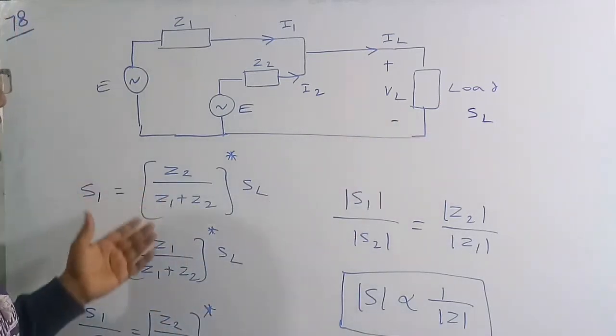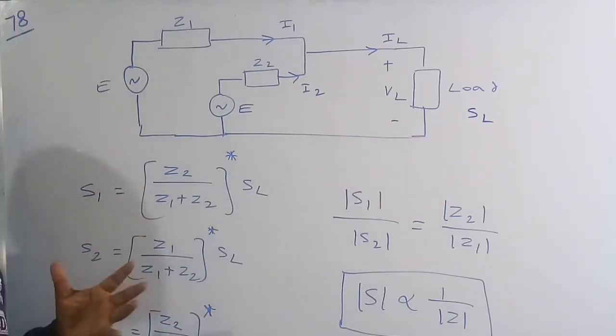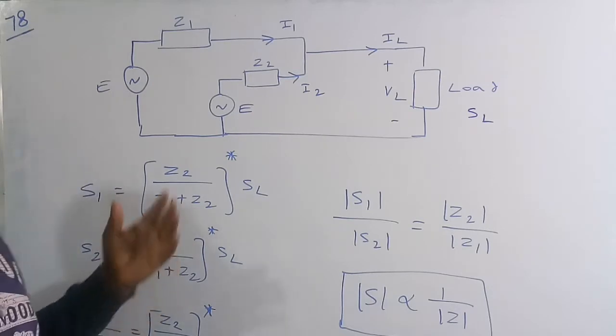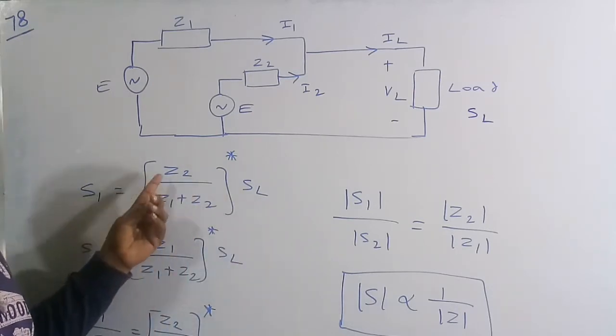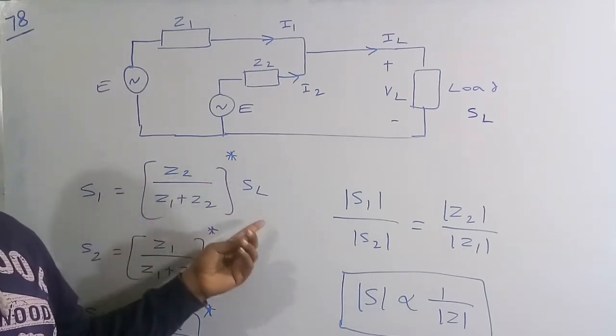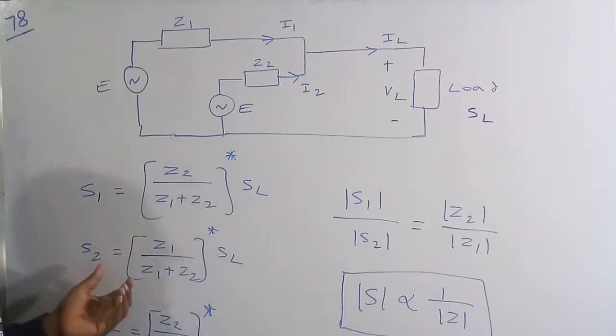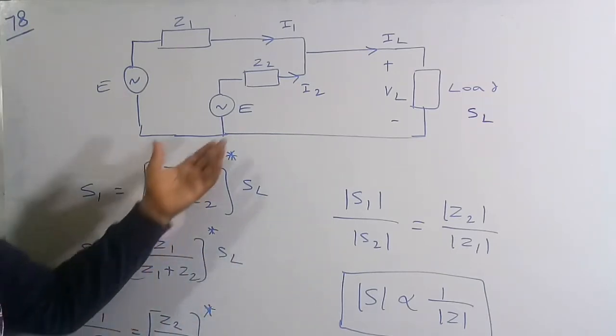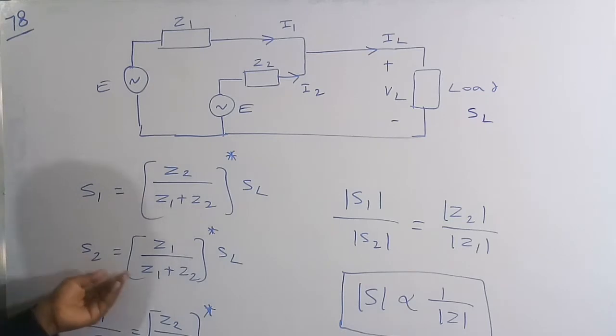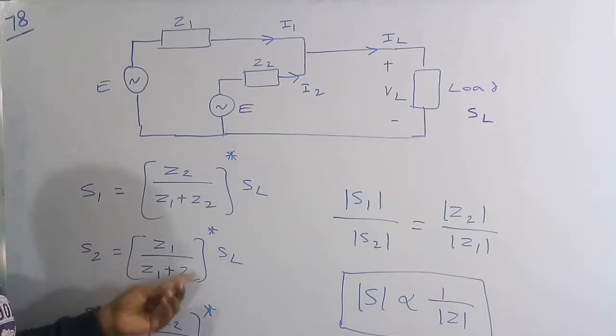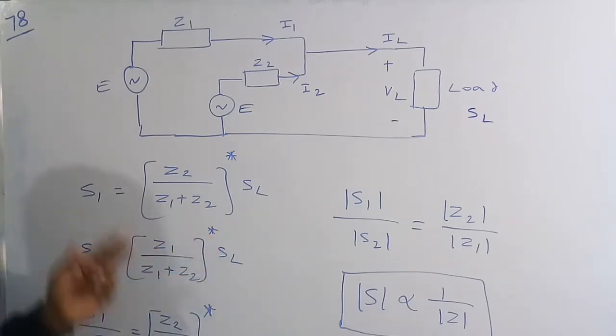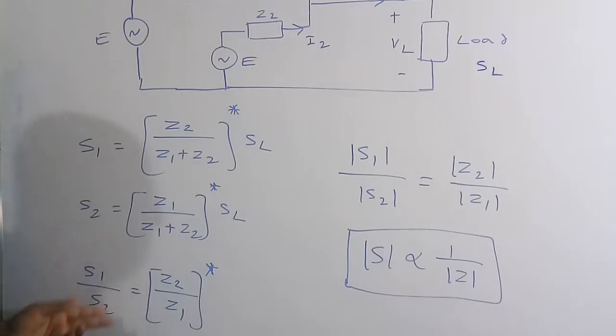The basic formula: S1, the complex power shared by transformer 1 to meet SL, is Z2 by (Z1 plus Z2) whole conjugate times SL. If you want the complex power shared by the second transformer, S2 is equal to Z1 by (Z1 plus Z2) whole conjugate times SL. If you divide S1 by S2, we get Z2 by Z1 whole conjugate.